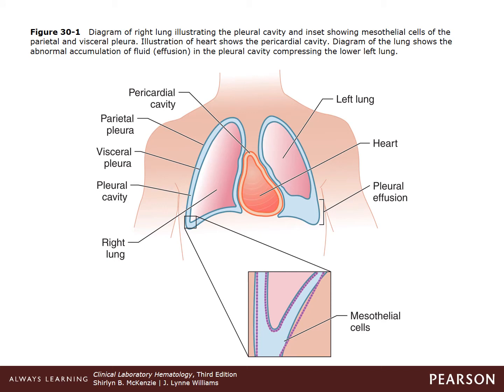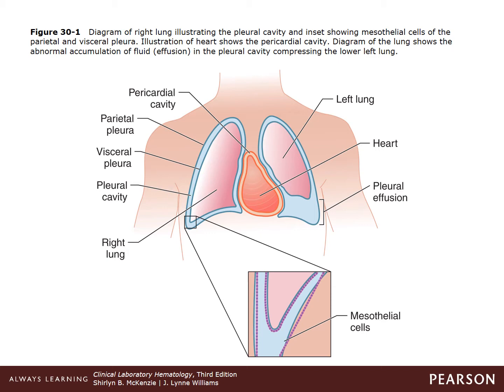Now here's a diagram of the lung. On the left-hand side, you have a normal lung that is visible to you, where you have the lung surrounded by a cavity, and within this cavity, in its sac, you have fluid. And in here are lining of those mesothelial cells that we saw in the body fluid differential.